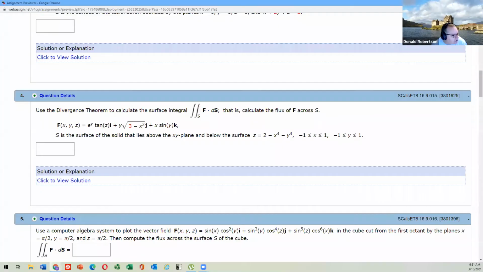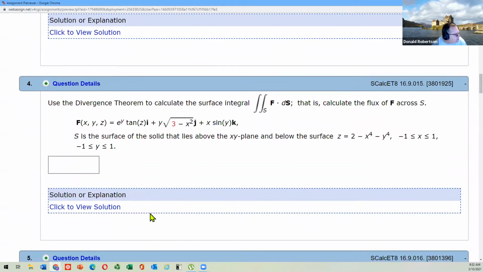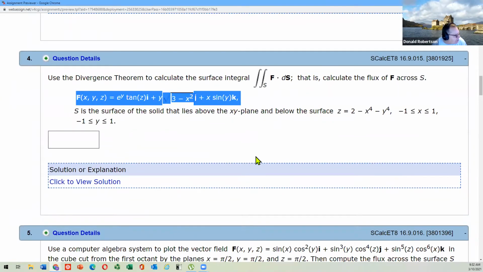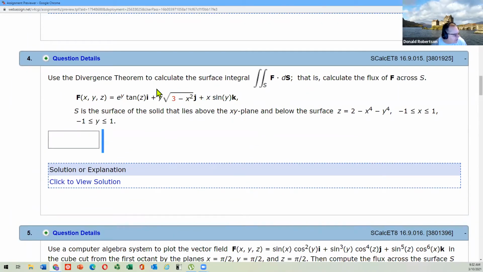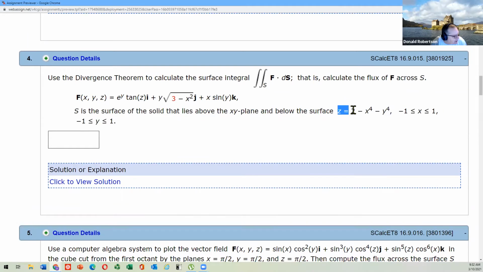Okay, this is the one that my brain was having second thoughts on, whether I need to do it or not, or whether it's obvious what's going on. So in question 4, don't worry about that, that's as ugly as it's going to be. It's the surface S, described by this and this.